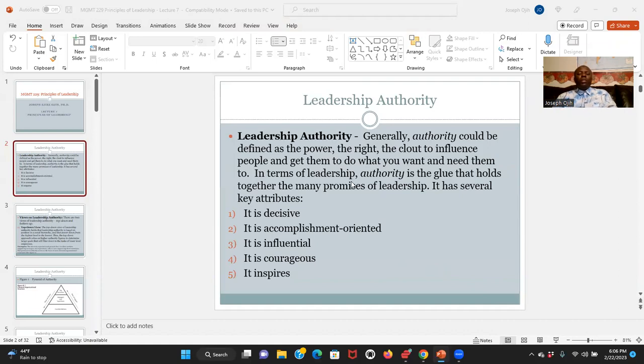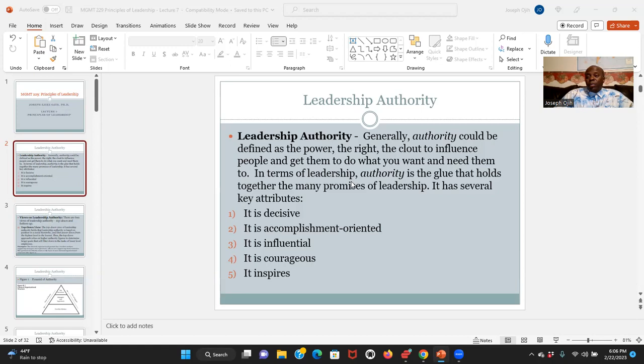All right, so leadership authority. We begin by defining the concept of authority. When we say authority, what are we referring to? Simply put, authority is power, the right, the clout to influence people and get them to do what you want.